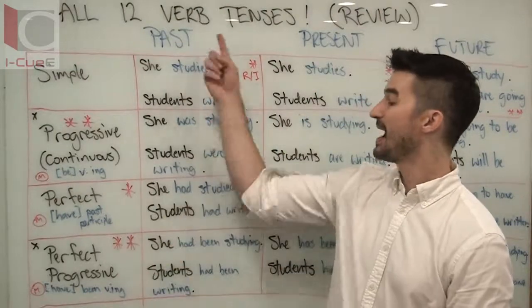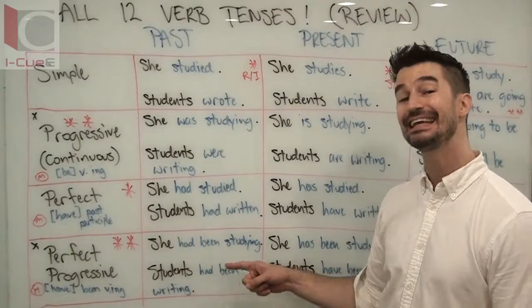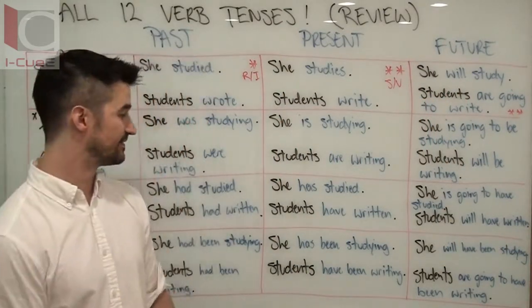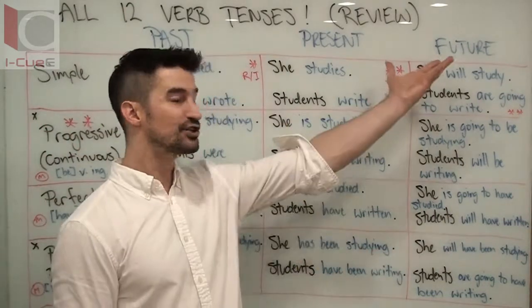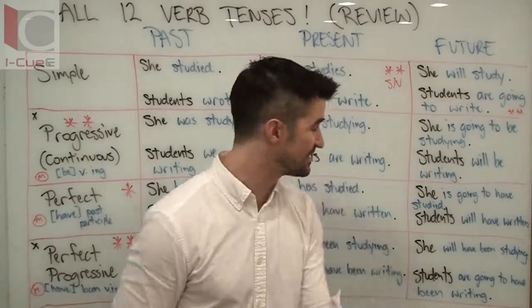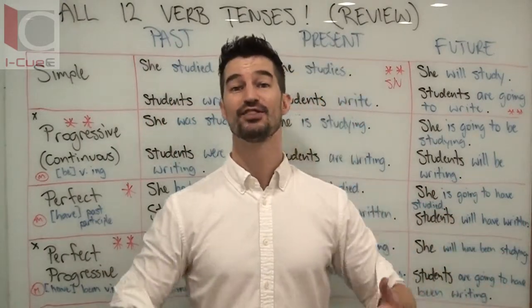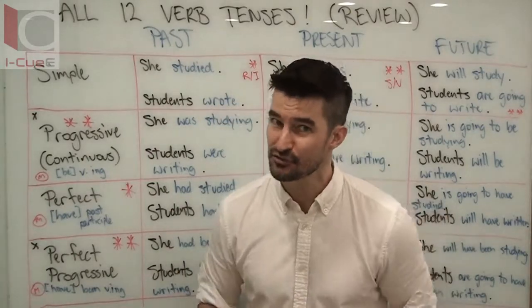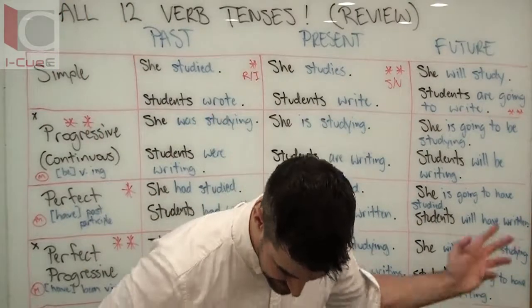So, past perfect progressive. She had been studying. Present perfect progressive. She has been studying. Future perfect progressive. She will have been studying. Those are your regular verb constructions in all 12 tenses.